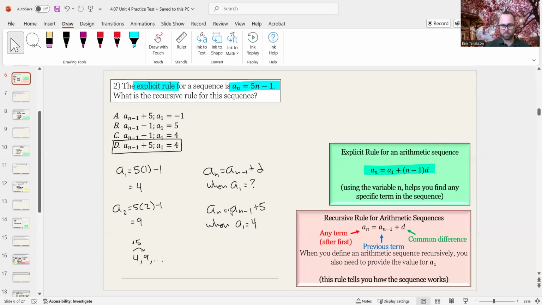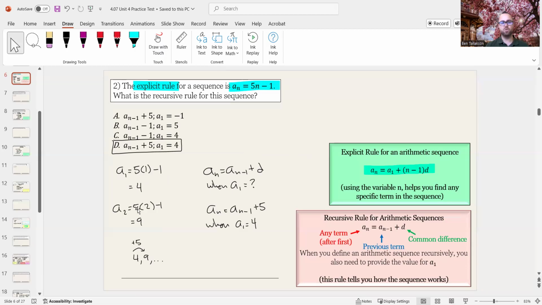Now remember, all of this stays the same. The only other value we need to find is D. And how do we find it? Well, that's the common difference, right? How much you're adding or subtracting when you go from one number in the list to the next. Now, we only know the first value in the list at this point, so it'd be helpful if we found the second. And again, our explicit rule is very helpful.